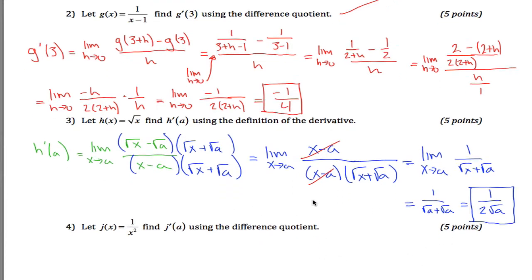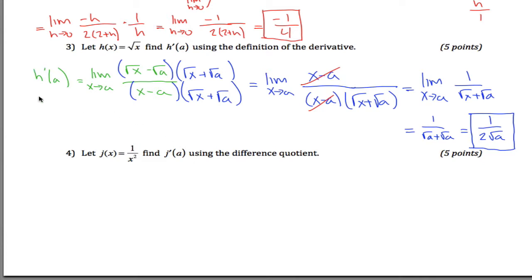Okay, last one. Guess we'll do it in blue. Same idea, except now use the difference quotient. j prime of a is equal to j of a plus h, 1 over a plus h squared, minus j of a, 1 over a squared, all divided by h.